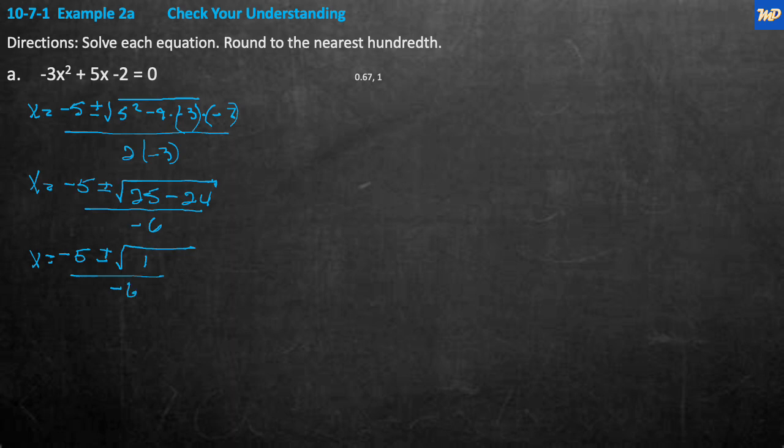Well, there's not a whole lot we can do here. We're just going to say it's minus 5 plus square root of 1 is 1 over minus 6, or it's minus 5 minus 1 over minus 6.